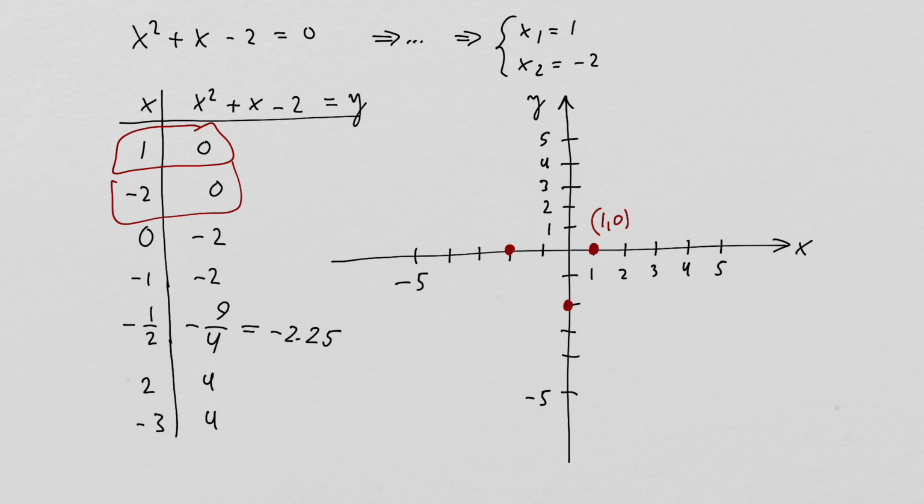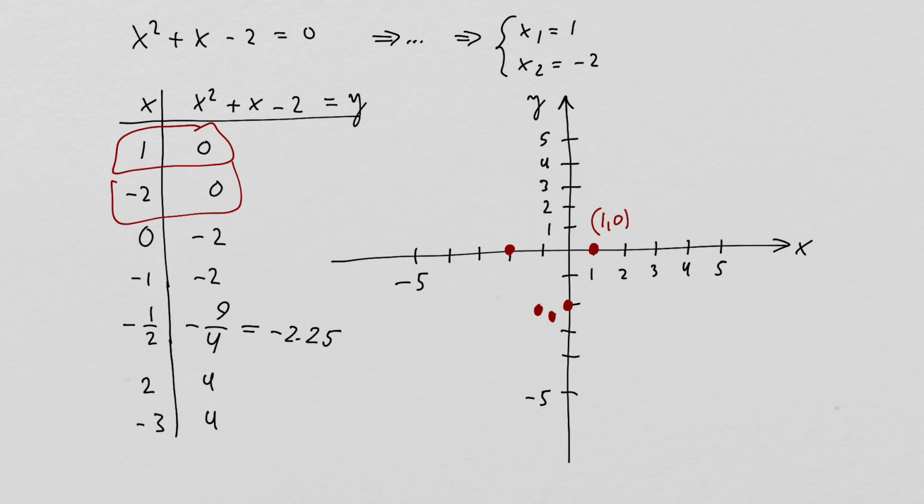If x is minus 1, then y is minus 2. If x is minus 1/2, you can find minus 1/2 from there. Y would be equal to minus 2.25. So we get the point somewhere here.